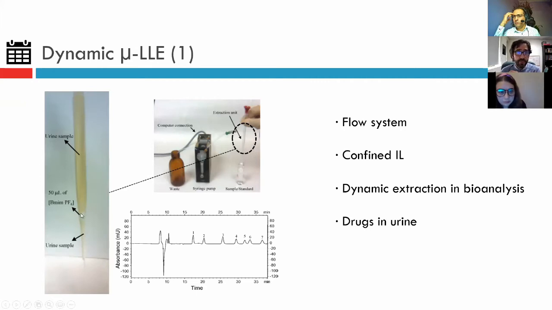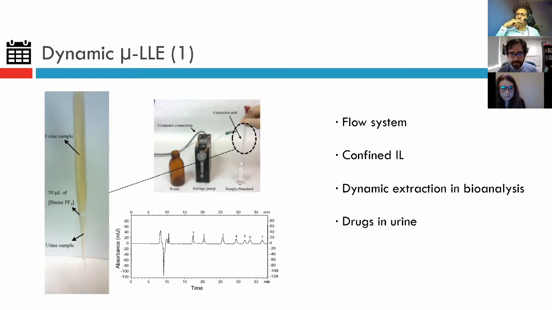Here we aspirate a small volume of ionic liquid, and then we can aspirate the sample, and the sample passes through this plug of ionic liquid during the mass transference. At the end of the process, we can recover this ionic liquid for instrumental analysis.